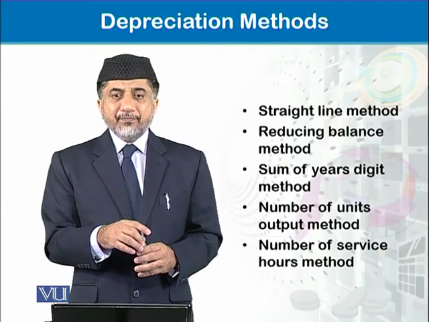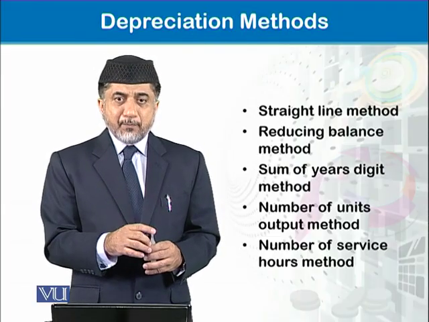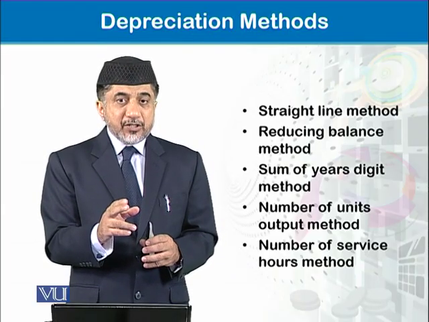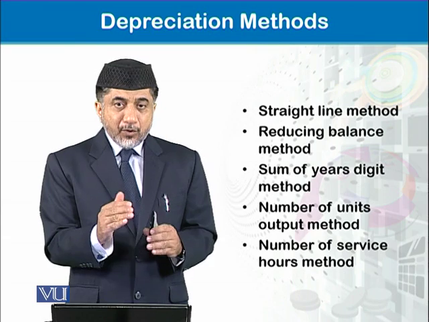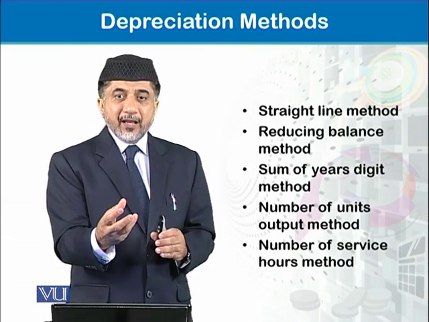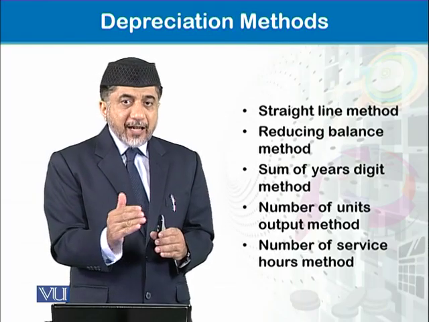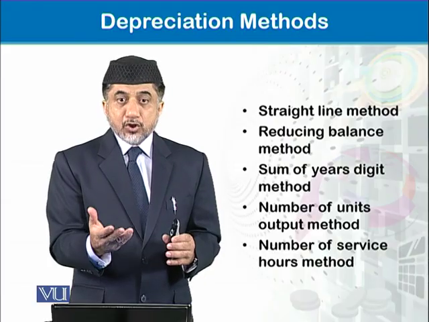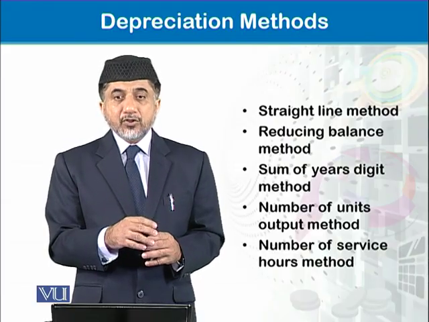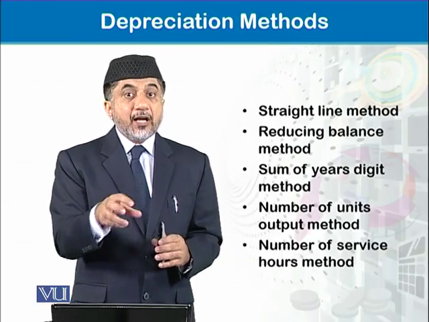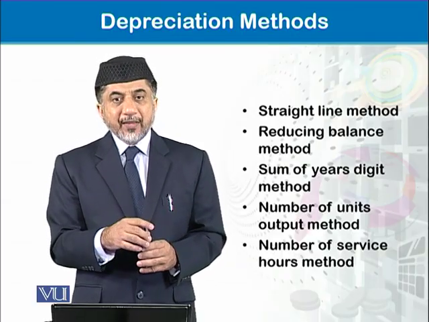And there are a few machineries or plants. We use those machineries or plants for production of a specific number of units. And beyond that number of units, those plant and machineries will not be useful. So their useful life is limited to the number or the hours of their usage.